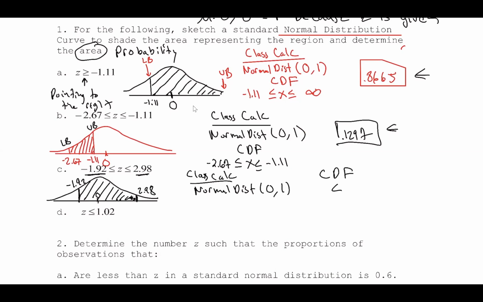You put that your lower bound is negative 1.92 and your upper bound is 2.98. Then you enter that in ClassCalc, and that should give you the answer. Any question in regard to the setup for part C?